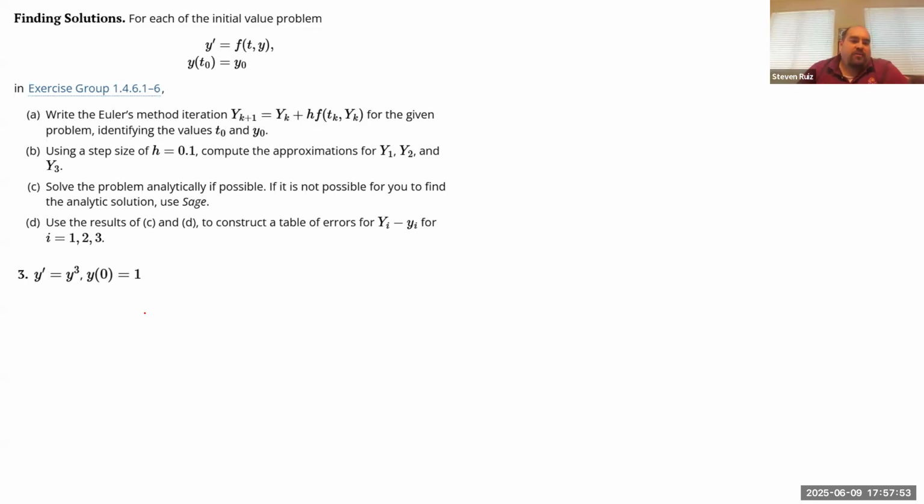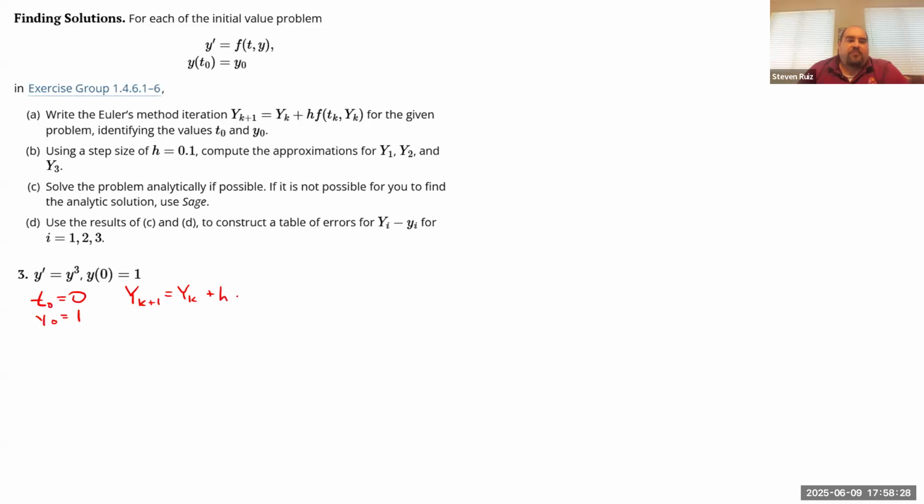Okay, so what are t naught and y naught? So t naught is given as 0. y naught is given as 1. And basically, I'm writing out this linearization: y sub k plus 1 is going to be equal to y sub k plus h.